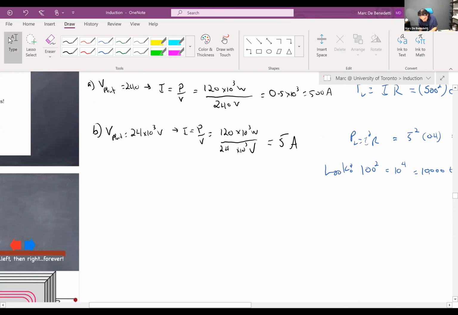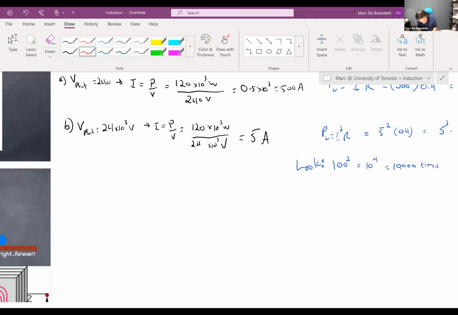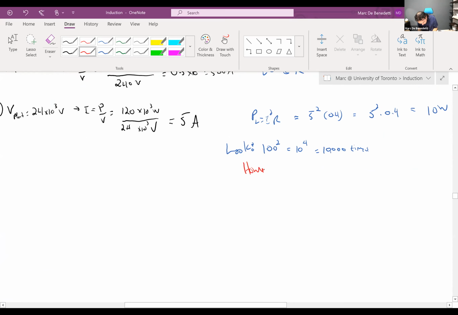No, to 240. So let me use a different color here. Voltage 2 divided by voltage 1 is going to be 24,000 divided by 240. So that's going to be 100, I think.